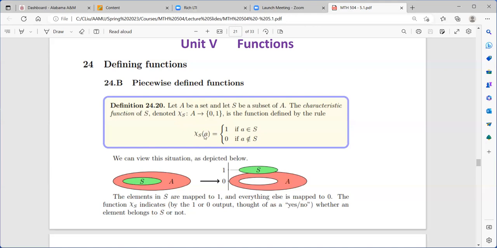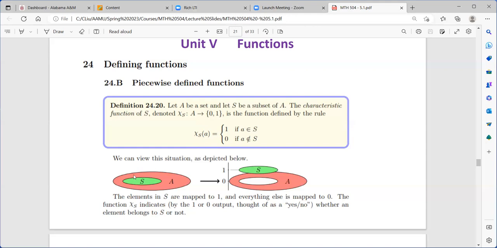And it takes value 0 if we're not talking about points in S, but it is 1 if we are talking about the points in S. So remember the domain of this function is set A. A is not S. It's the whole set A. This function can be easily understood from the picture below, if the definition is a little abstract.